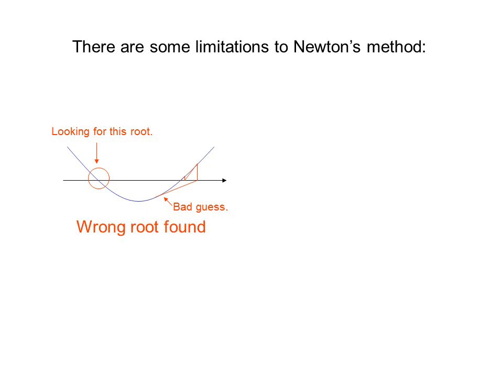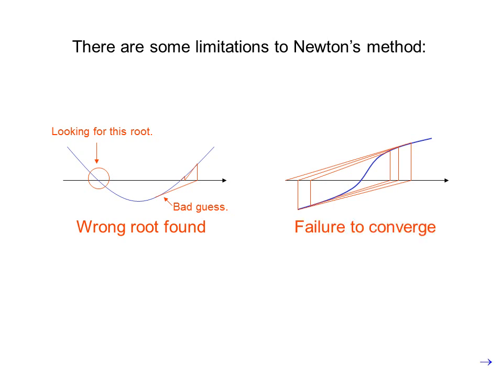So that's finding the wrong root. Another possibility, which usually occurs when there's an inflection point, is Newton's method might not converge at all. That's failure to converge.